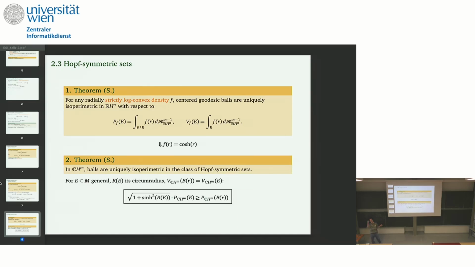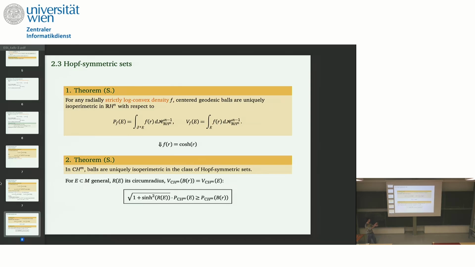If you then go back and look at the anisotropic representation of the perimeter inside the real hyperbolic space, you can actually control the perimeter in the complex hyperbolic space of set E with the perimeter of the geodesic ball with the same volume in the complex hyperbolic space, and then you gain this error here, where R of E is the circumradius.